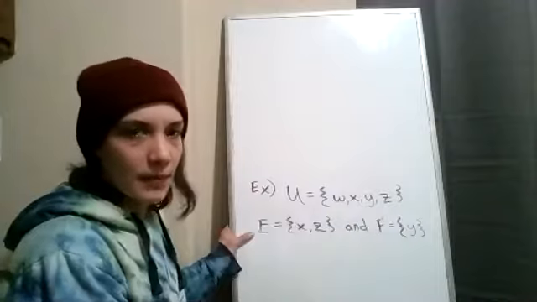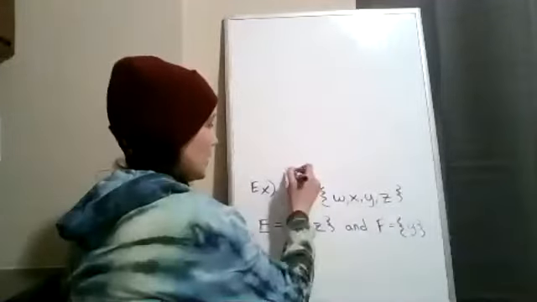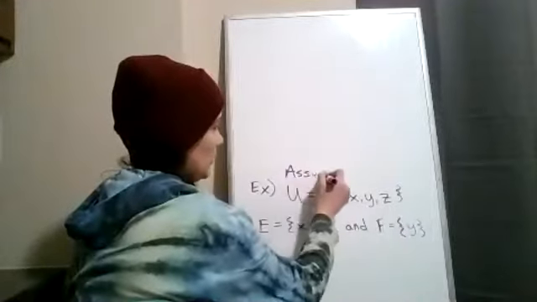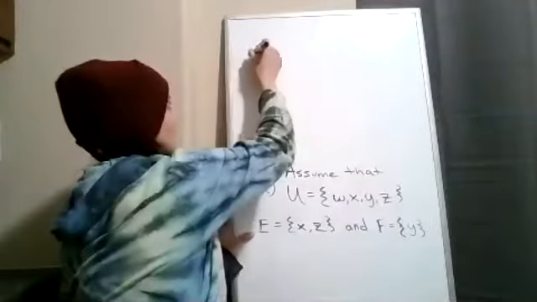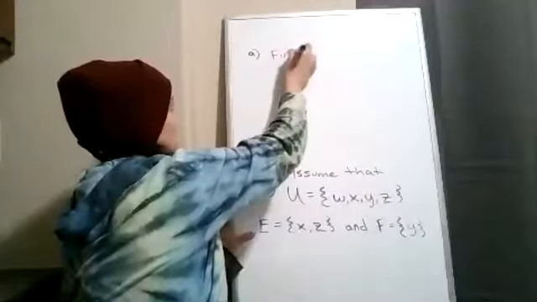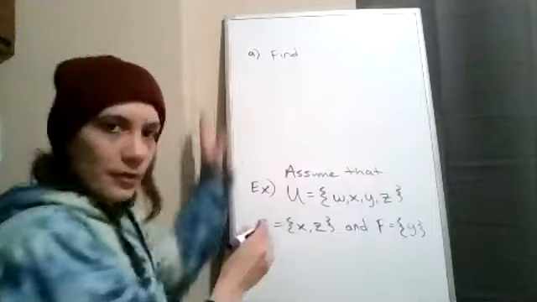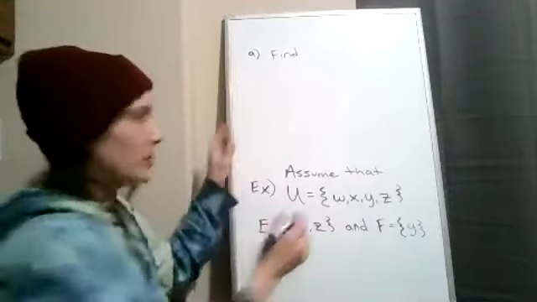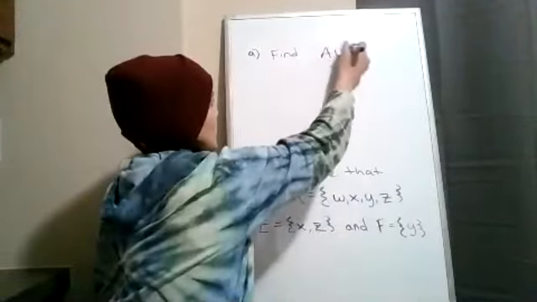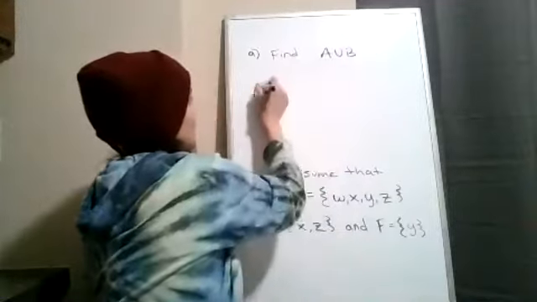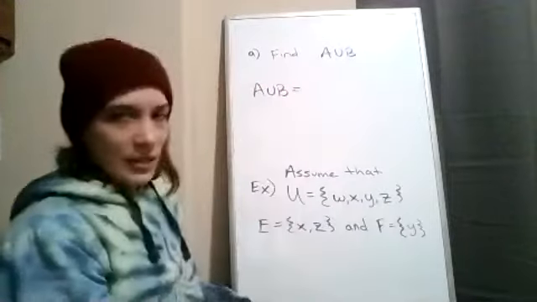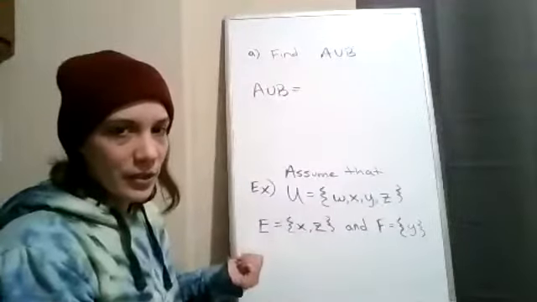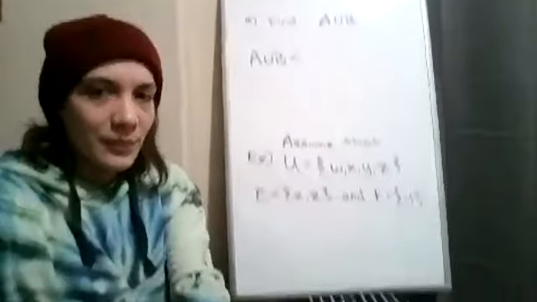So I would say something like, assume that. Then we're going to find, simply find A union B. Actually, I think it'd be nice to draw a picture first. But thanks for the question.